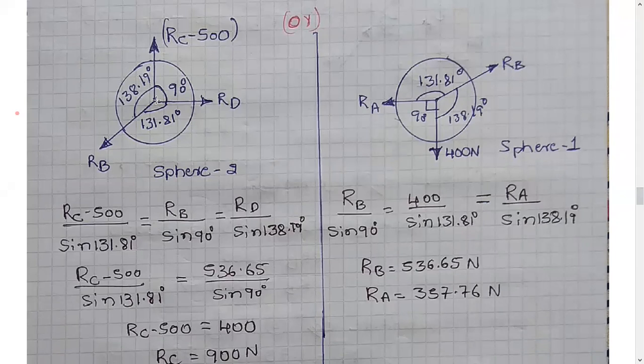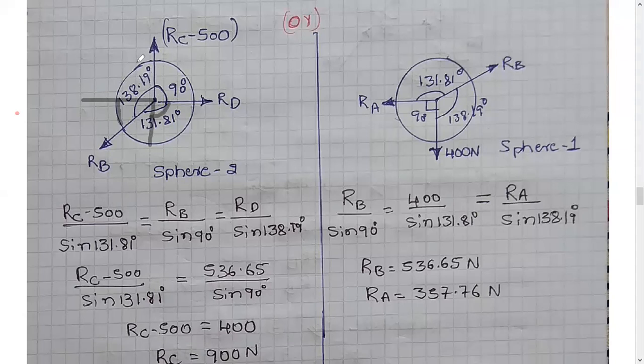It is equal to the RB reaction force, which makes an angle of 48.19 degree with respect to horizontal. So what is the remaining angle? The remaining angle is 41.81 degree. So the angle from here to here is 90 degree plus 41.81 degree, totally 131.81, and the remaining one is 48.19 degree plus 90 degree, so it is 138.19 degree.